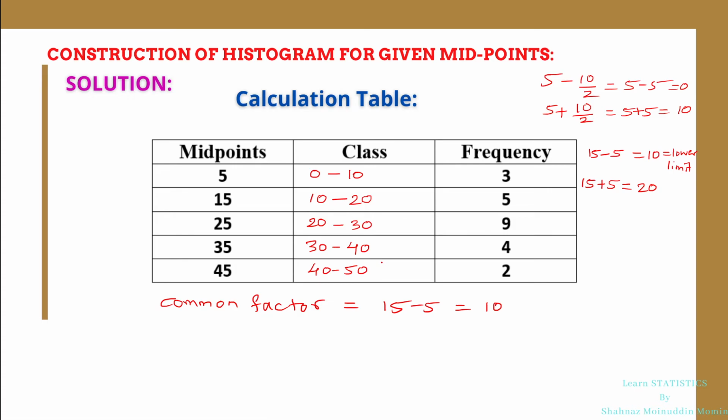Once we get a continuous frequency distribution with exclusive type classes, the next step is to take the classes along the x-axis and their frequencies along the y-axis. After that, draw the rectangles such that the height of the rectangle is proportional to the frequency of that respective class, which gives you the histogram.